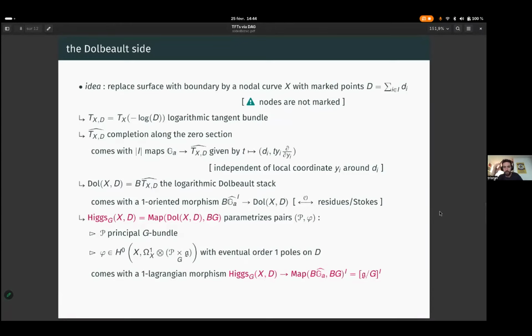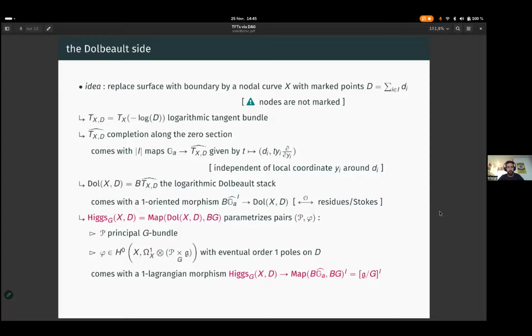You might think of it as an analog in analytic geometry of taking residues on functions, and the non-degeneracy of the orientation, the homotopy, can be seen as the Stokes theorem. It's a bit like when you're dealing with de Rham complexes and their shifted symplectic structure.